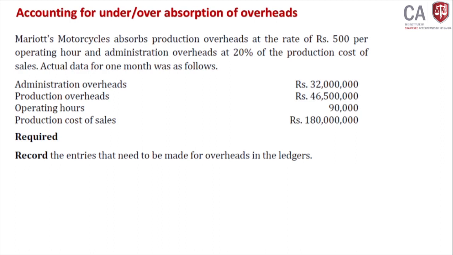Absorption rate 500 per operating hour, and administration overhead 20% of production cost of sales. The actual data for the month was as follows: administration overhead, production overhead, operating hours, production cost of sales. Required: record the entries that need to be made in the overhead ledger.